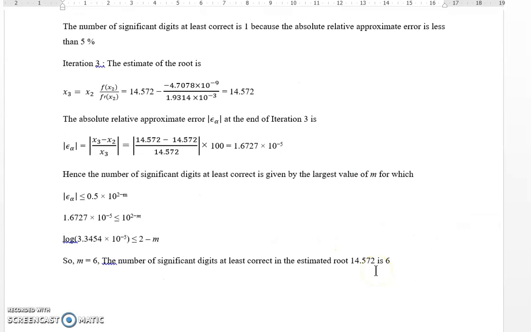Hence the number of significant digits is at least correct. We need the value m, which is 6. So the estimate from all the values that we got, 14.572, is correct to 6 significant digits. That's all for me.